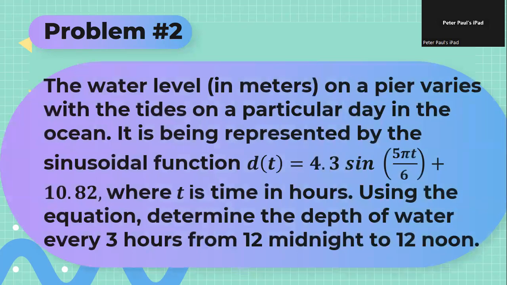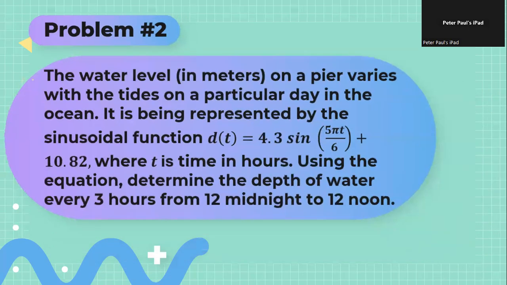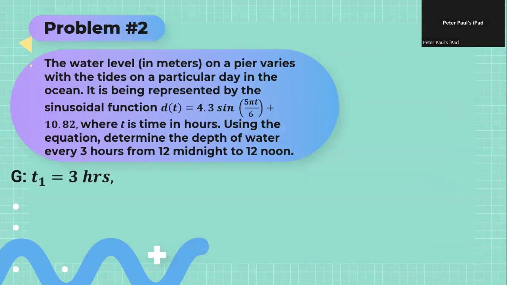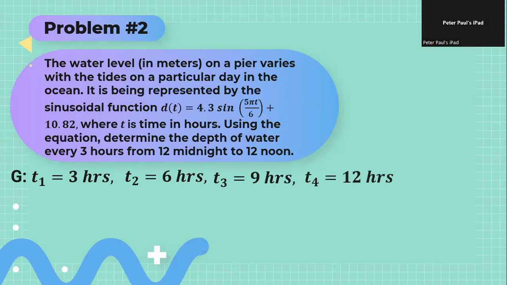For problem number 2, it is the same. We are given the sinusoidal function 4.3 sine 55t over 6 plus 10.82. What we will do is the same. We want to know the water level at every 3 hours, starting from 12 midnight to 12 noon. So our times are 3 hours, 6 hours, 9 hours, up to 12 noon, which is 12 hours.